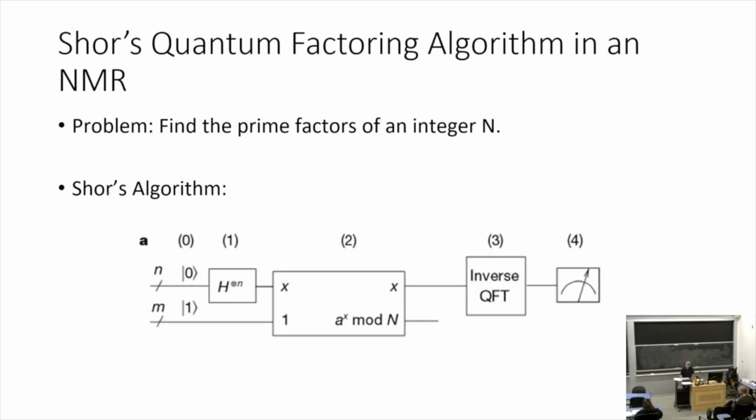And from this you can conclude that a to the 2 to the k mod n equals 1 for some k greater than or equal to 2. And so in this case, the function f of x simplifies to multiplications.